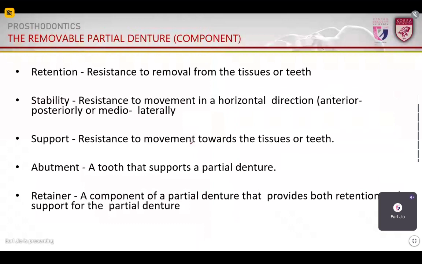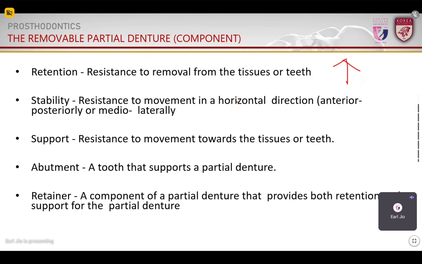So when we talk about retention, this is important. Retention is the resistance to removal from the soft tissues or teeth. Okay? So ideally, resistance of movement away, palayo, sa soft tissue. Pag sinabi namang stability, resistance of movement in a horizontal direction, either antero-posteriorly or medio-laterally.